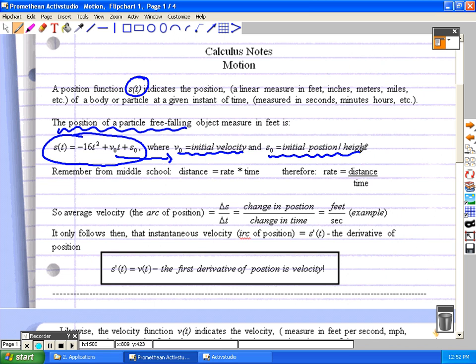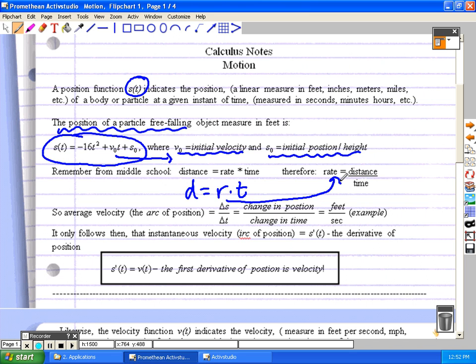Now, think back to middle school. You know from middle school that distance is equal to rate times time. So, if we solve that for rate, which is really velocity, we get rate is equal to distance divided by time. So if I wanted to know the average velocity, for example, you go to visit your grandma, it's 300 miles away, and it takes you 6 hours.